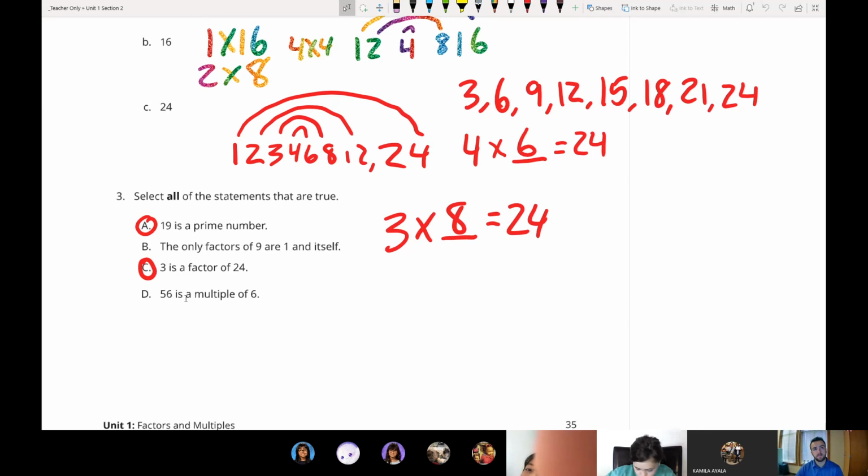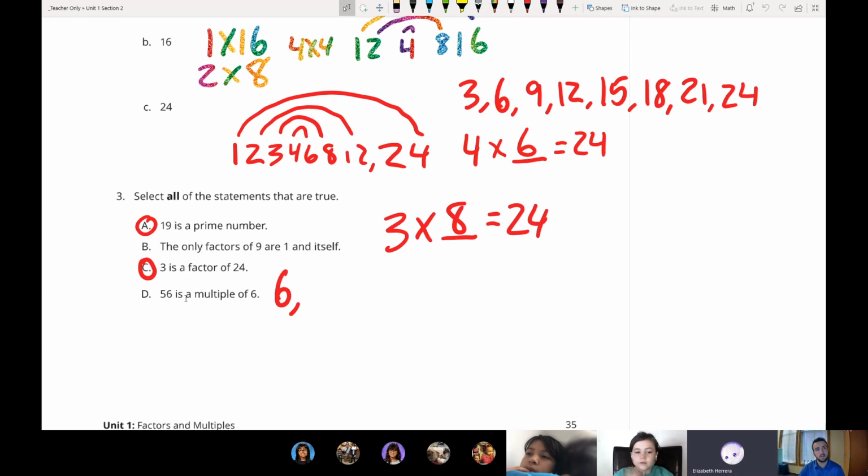Elizabeth? Skip count. Skip count by 6. Okay, do you want to help me skip count by 6 and see if we land on it? Yeah. All right, go for it.